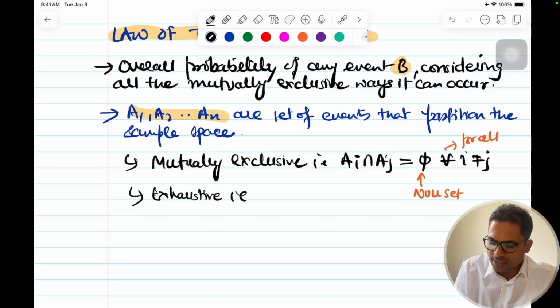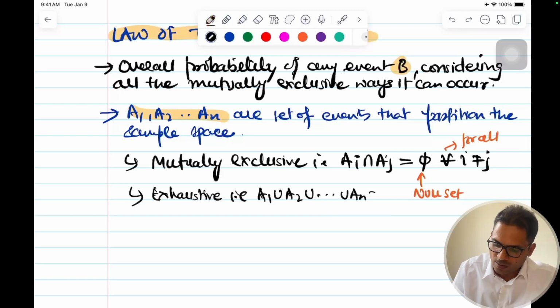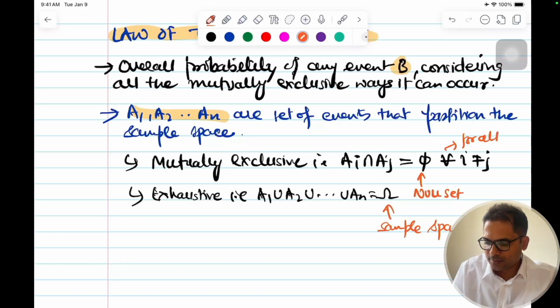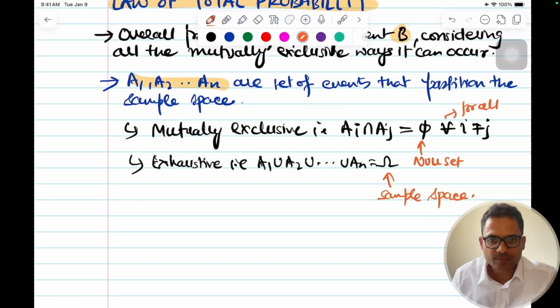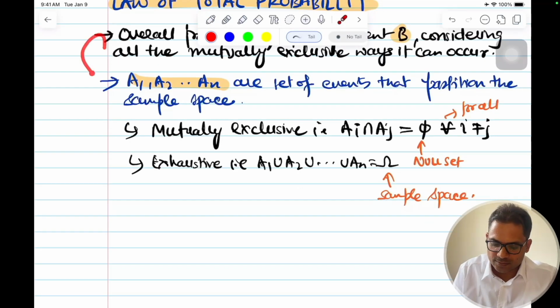How do we write it mathematically? A1 union A2 union dot dot dot union An is equal to omega. Omega is my sample space.